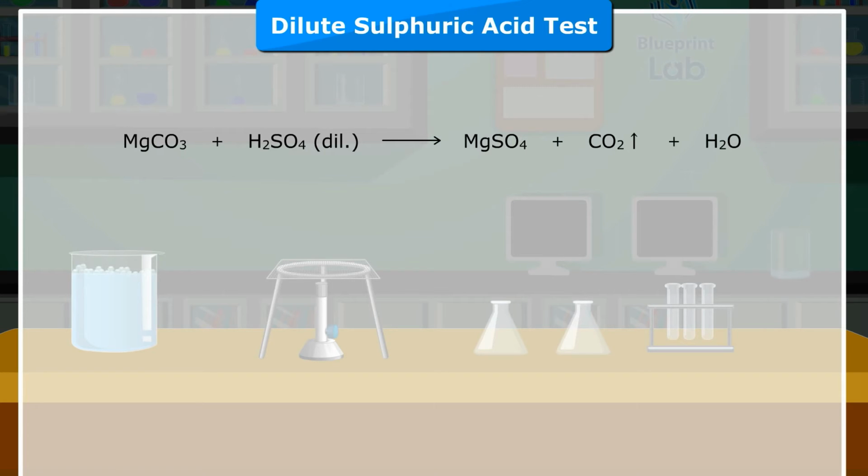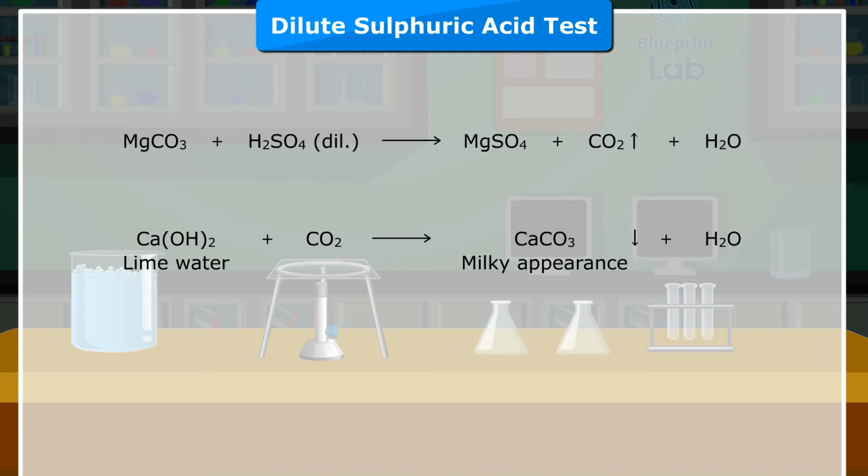MgCO3 plus H2SO4 (dilute) gives MgSO4 plus CO2 gas plus H2O. Ca(OH)2 (lime water) plus CO2 gives CaCO3 (milky appearance) plus H2O.